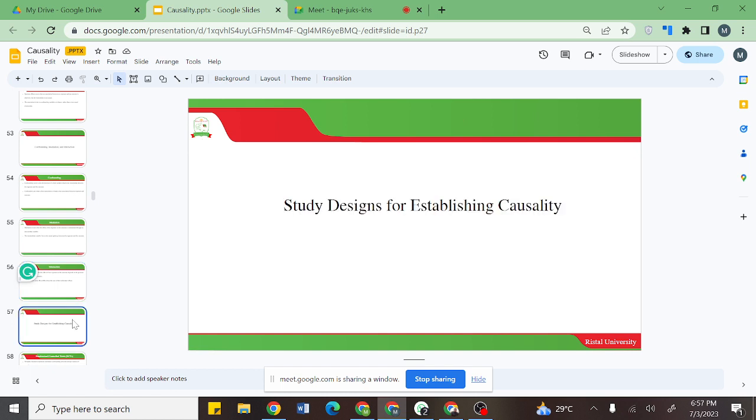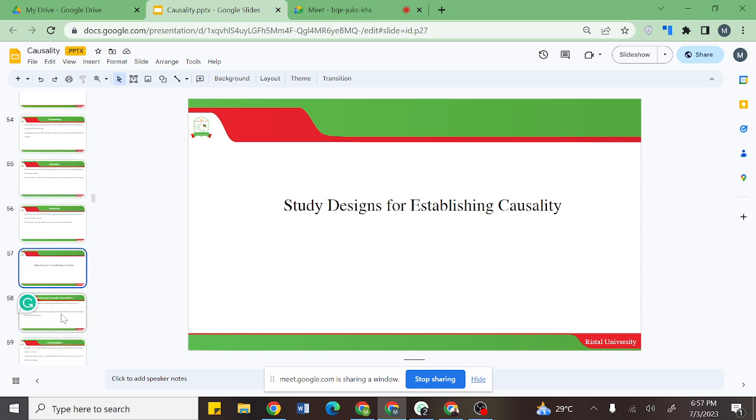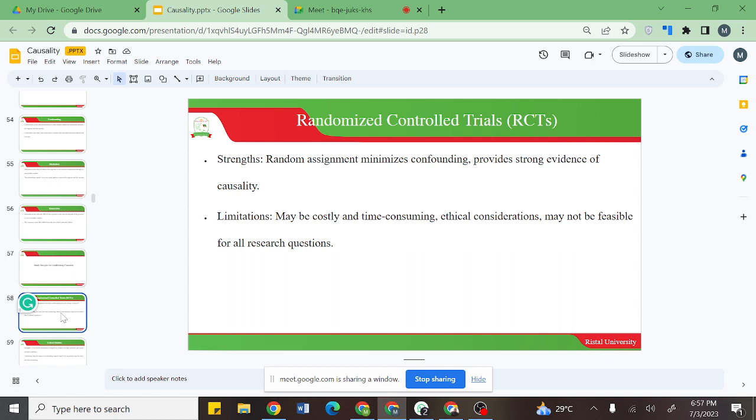Okay, now having looked at how these exposures interact with one another, we can look at the research designs that we can use to establish causality. But before we look at the first, you need to know that establishing causality can be done through what we call analytical research designs.